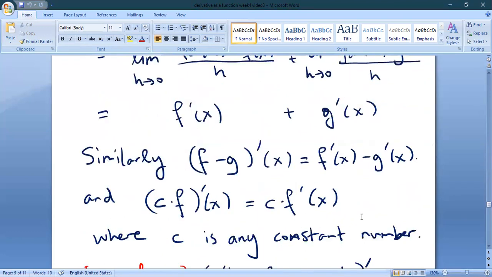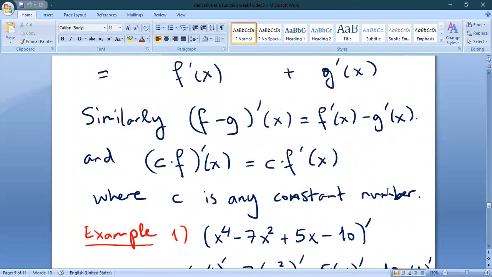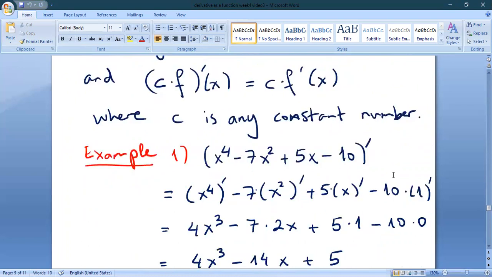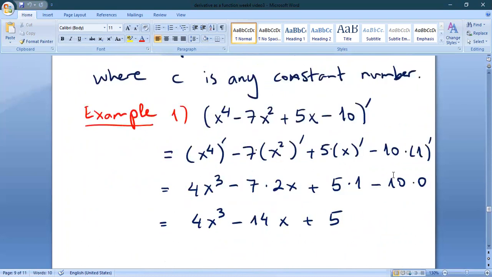And if we have a constant number c, then the constant times f, prime, is equal to constant times f prime. Again, we can show these two also just like we showed f plus g prime, just using the limit definition.